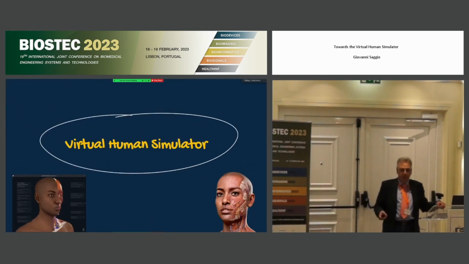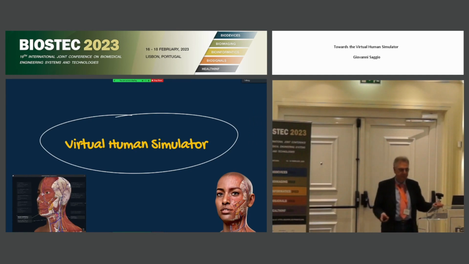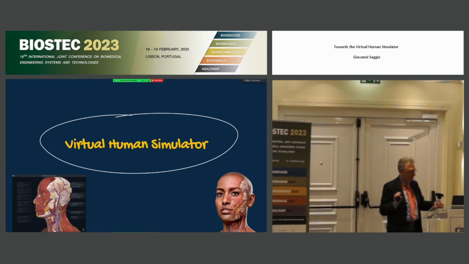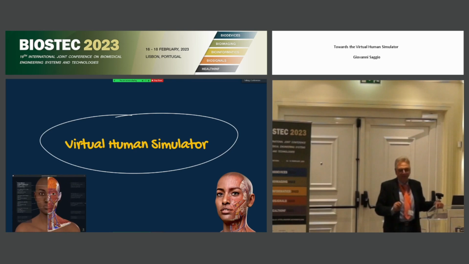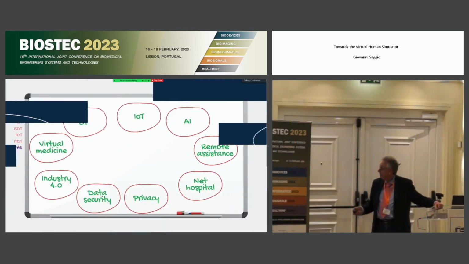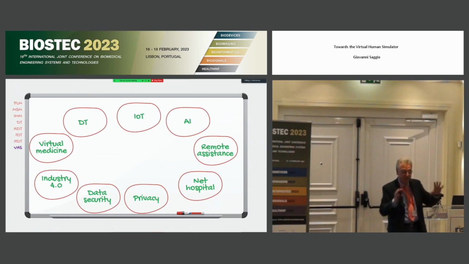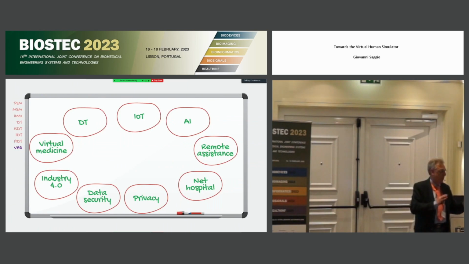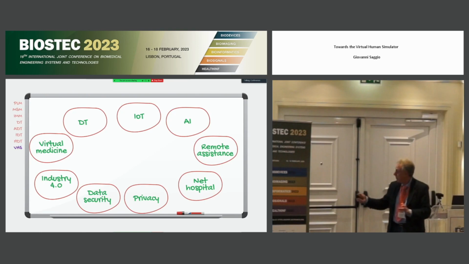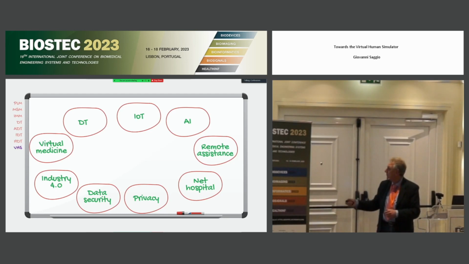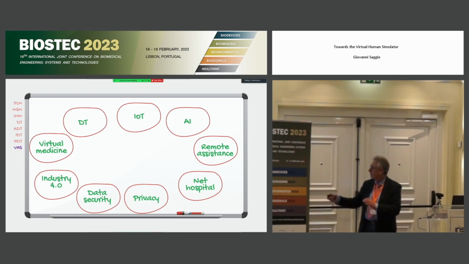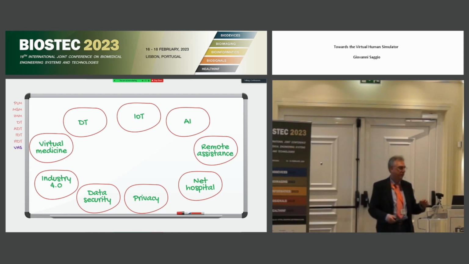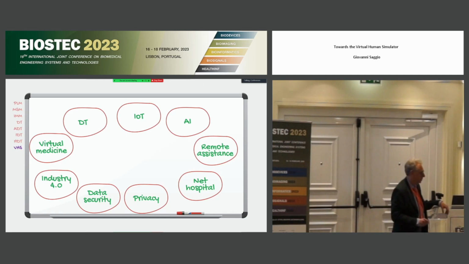So why not a virtual human simulator? Again, as a matter of principle, okay? A virtual human simulator can join together all the things that I mentioned, starting from digital twin, from IoT, Internet of Things matters, from artificial intelligence, from remote assistance, from net hospital, privacy, data security, Industry 4.0, okay?